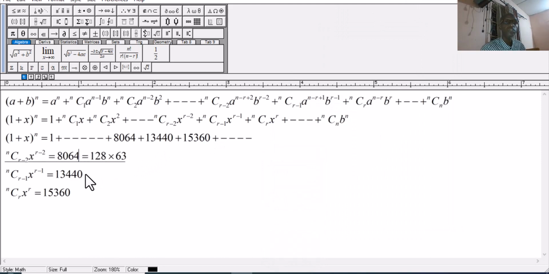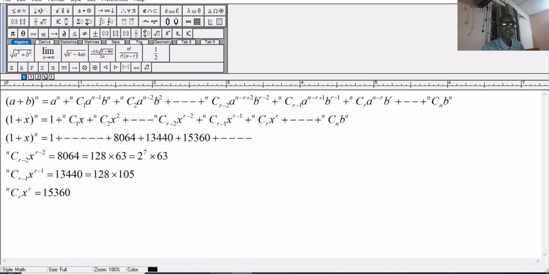So this one that we have here is 2 raised to the power of 7 times 3 squared. Okay, let's leave it like that, times 63. The next one that we have is still 128 times 105.